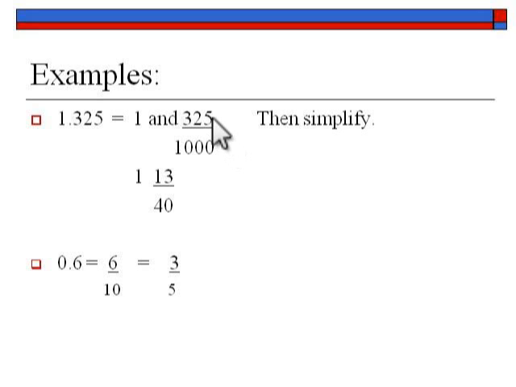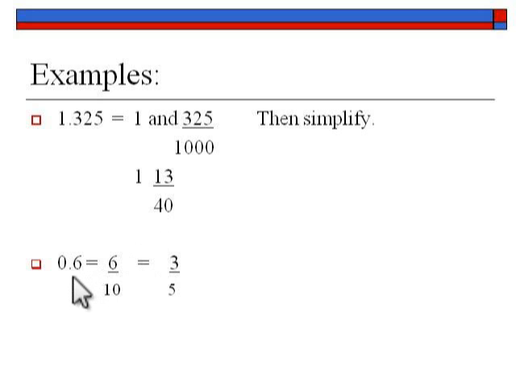If the numerator will divide by 25, guaranteed the denominator will too, because 25 goes into 100. And you can use a calculator. It's okay. So 325 divided by 25 is 13. And 1,000 divided by 25 is 40. So your decimal, 1 and 325 thousandths, simplifies to a fraction of 1 and 13/40.